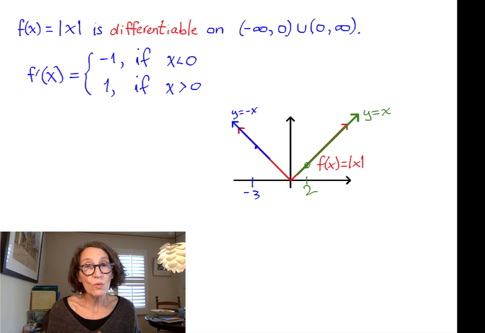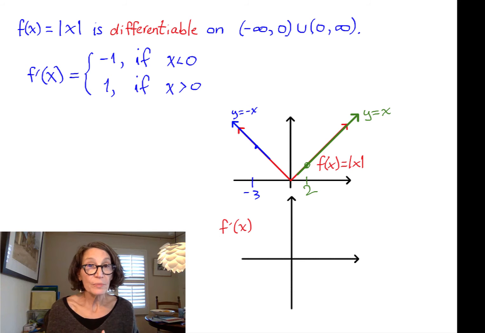So what does the graph of the derivative look like? Let's graph f prime of x just below the graph of f of x. For all negative numbers, the graph is going to be half of a horizontal line, y equals -1. And for positive numbers, it's going to be the line y equals +1.